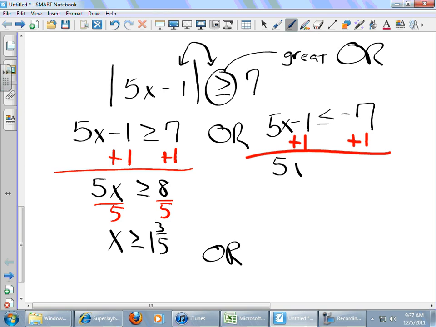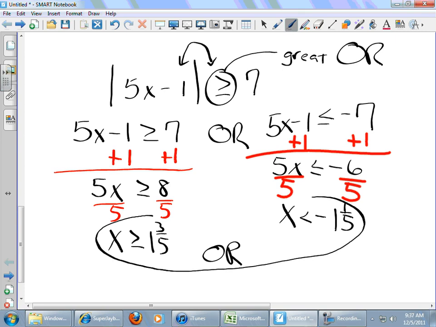I'll get 5x is less than or equal to -6. I'll divide by 5. X is less than or equal to -1 1/5. Okay, so there is the complete solution.